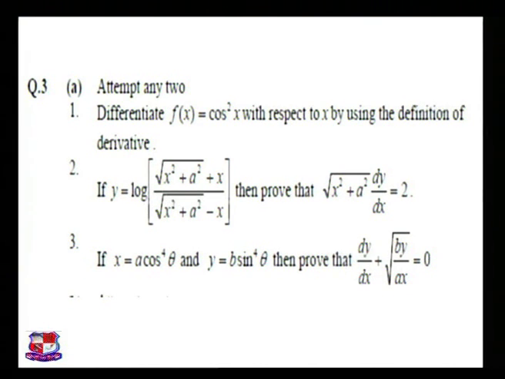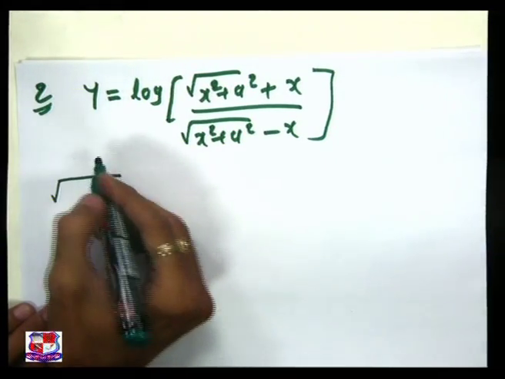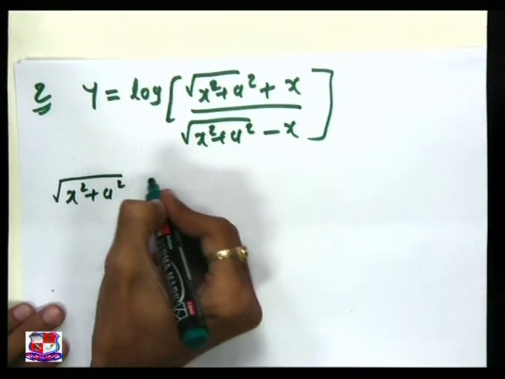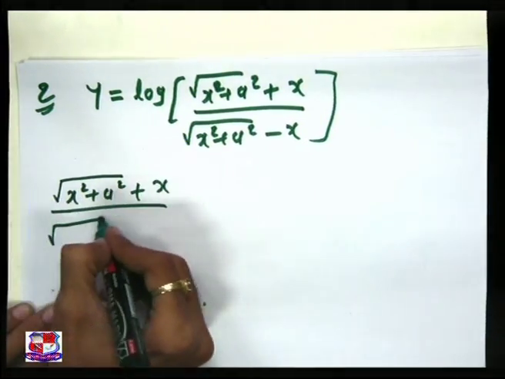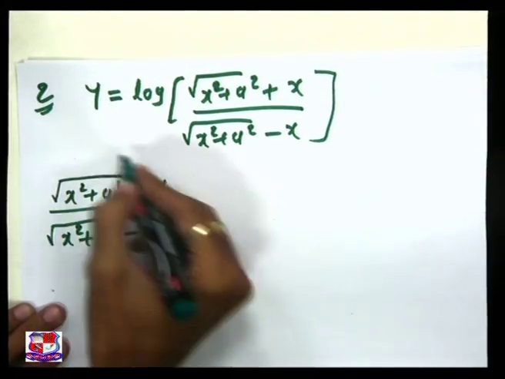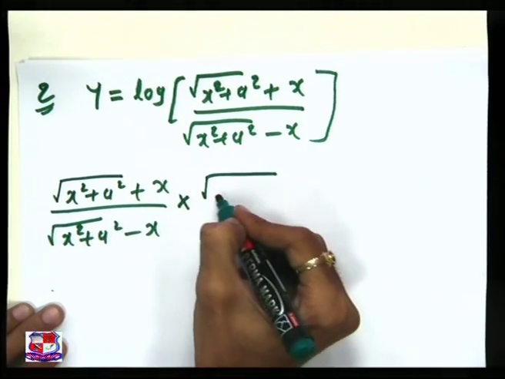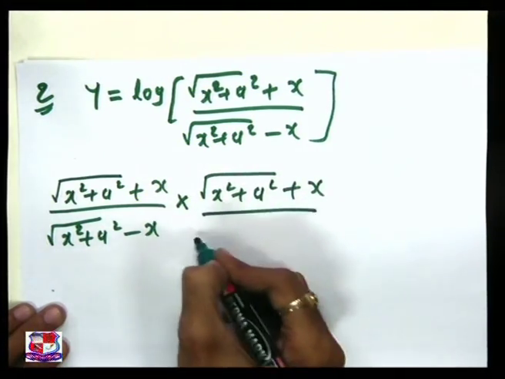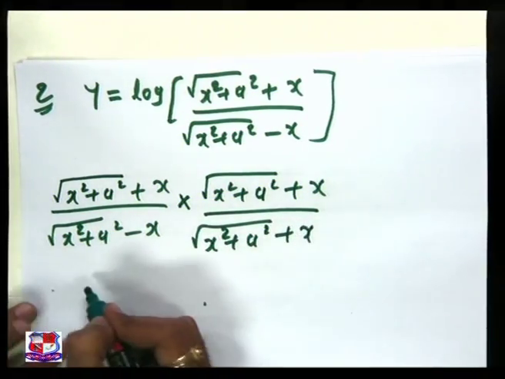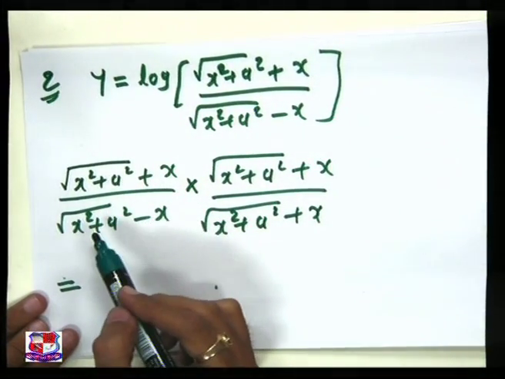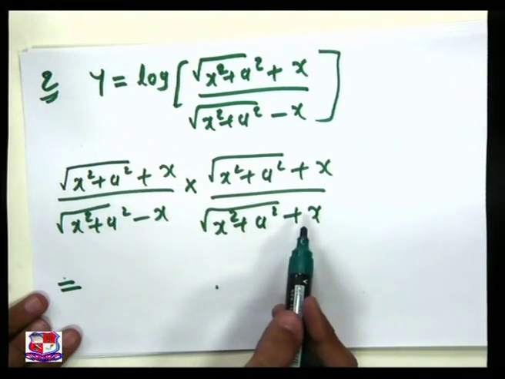So first of all, I want to simplify this expression, that is log of root x square plus a square plus x upon root x square plus a square minus x, right? Just I want to simplify this expression first. If I multiply with the rationalizing factor, that is root x square plus a square plus x upon root x square plus a square plus x, so this one is a minus b into a plus b, that is a square minus b square.